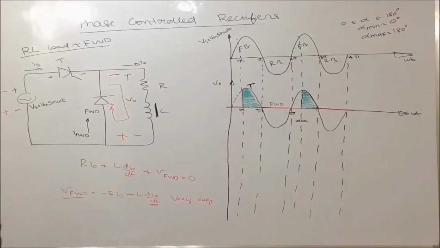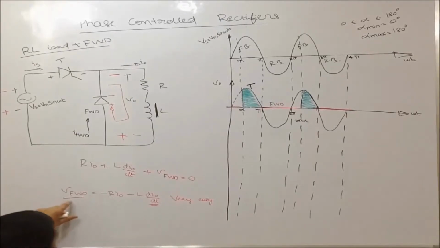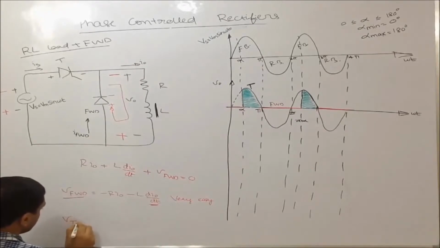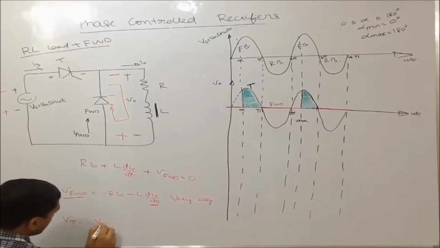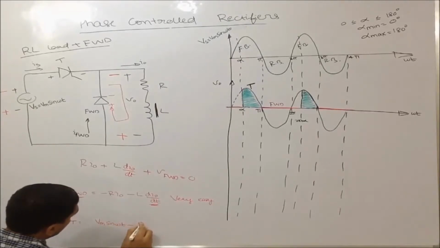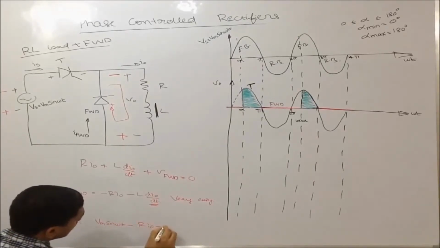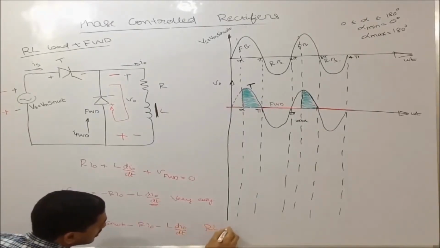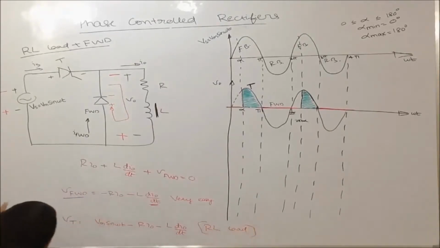Earlier I was telling for the RL load, voltage across thyristor is Vm into sin omega t minus R I naught minus L into di naught by dt. Remember, this I am writing for the RL load. Don't confuse it with the freewheeling diode. This is only for the RL load.